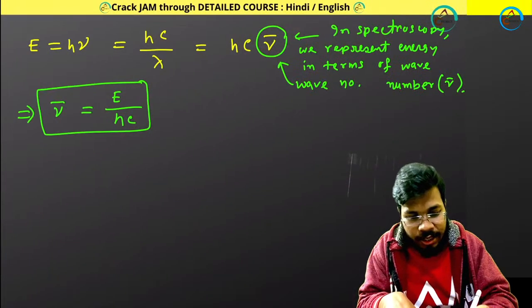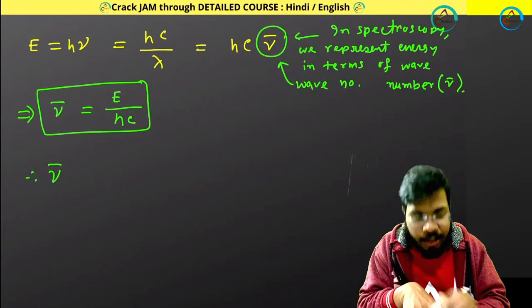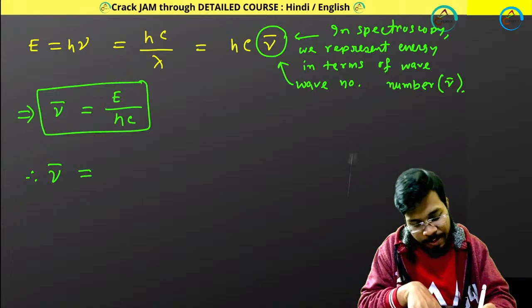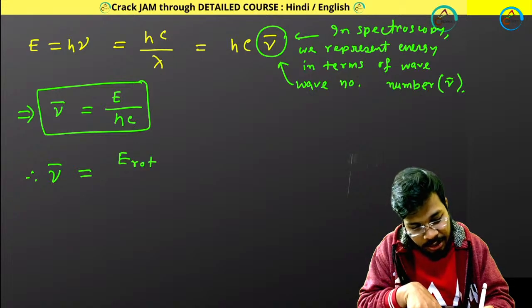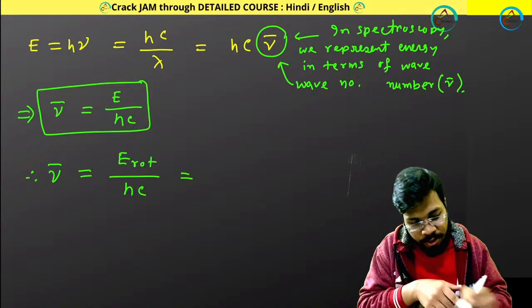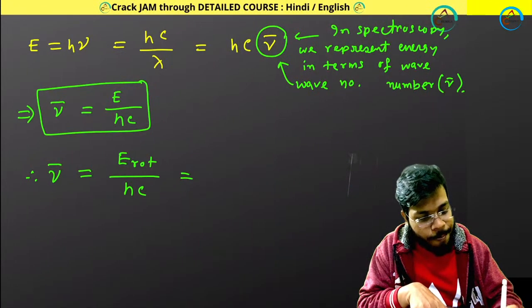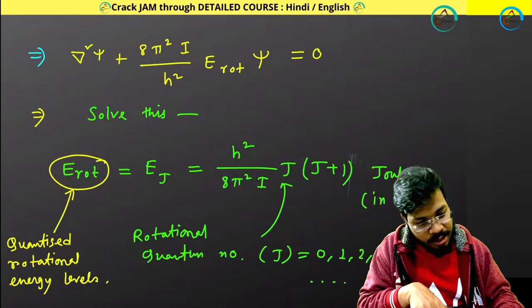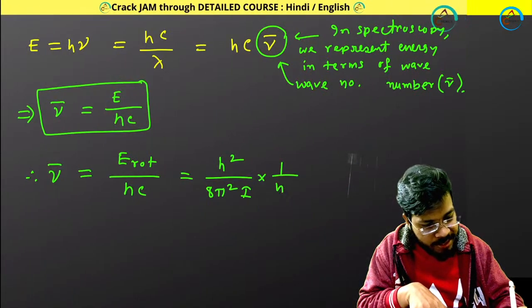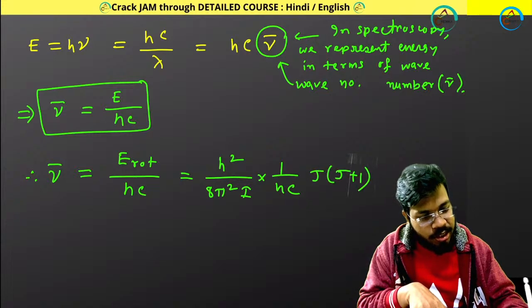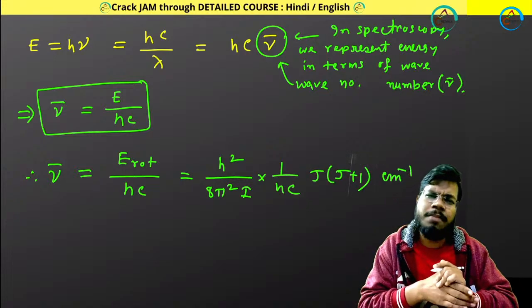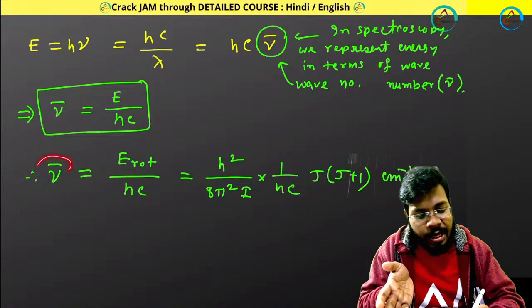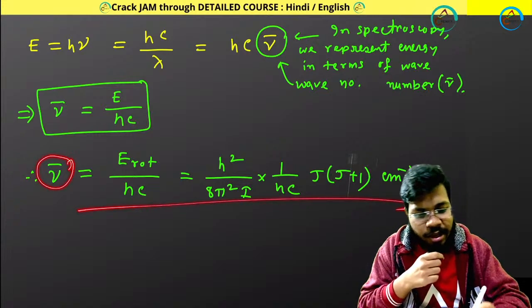So your wave number, that means energy in terms of wave number, will become E rotational divided by hc, which equals h square divided by 8 pi square I, multiplied by 1 by hc, J into J plus 1, in centimeter inverse. If I represent my wavelength in centimeter, then I represent my wave number as centimeter inverse. Got it? So it's your equation.